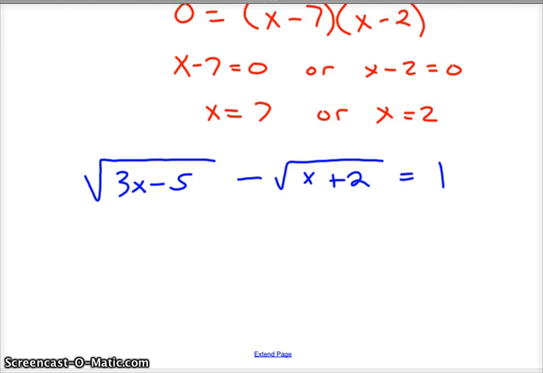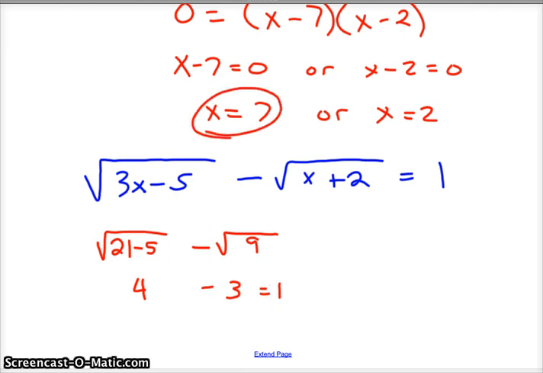So I'm going to plug in a 7 to start with. And so you'd have the square root of 21 minus 5 minus the square root of 9. And so 21 minus 5 is the square root of 16, which is 4, minus 3, and that's 1.